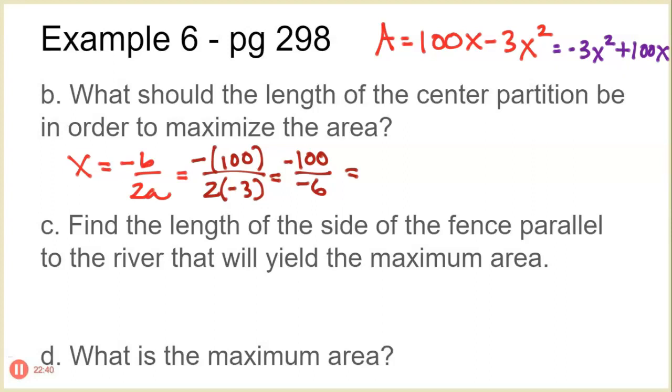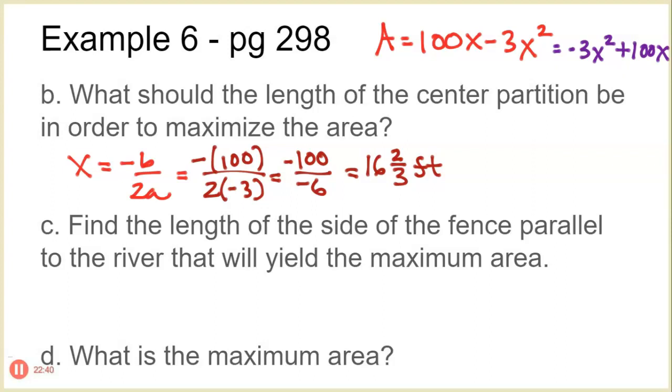And if we simplify that, 6 goes into 100 sixteen times, that's 96, and that leaves me with 4 left over. I think it's 4/6, so 16 and 2/3. So that will be the length of that center partition.